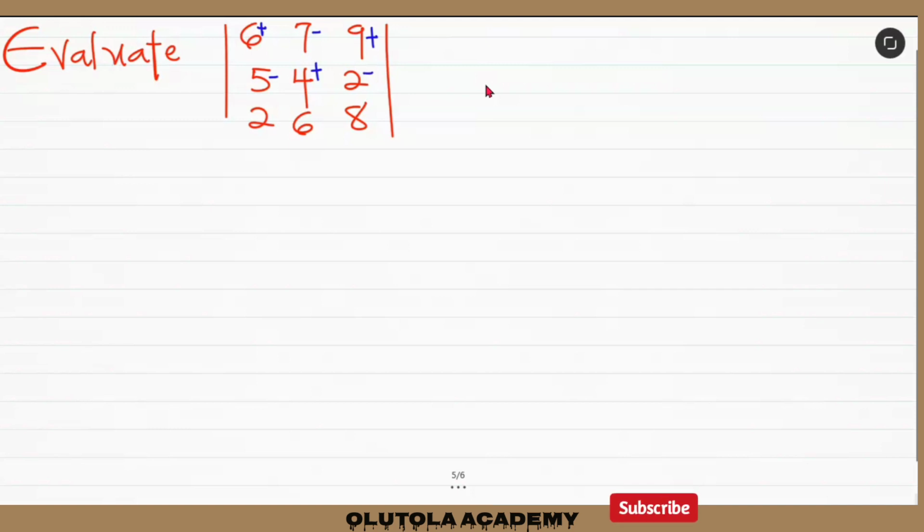It keeps alternating like that. If you choose to expand along the third row, all you need to do is to continue. That will be positive, negative, and positive. But here I'm just going to work on the second row. That will be negative, positive, negative.